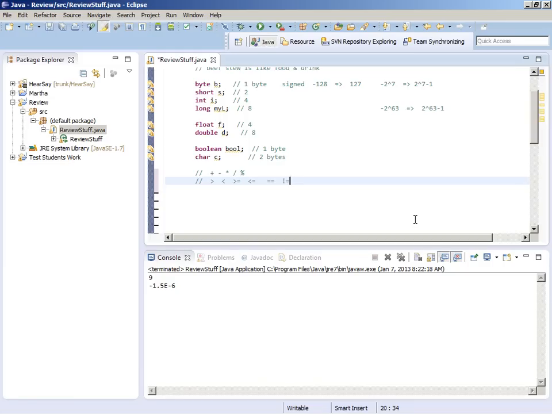Those are the relationals. Those, of course, are the arithmetic. Let's do it in this order. And, or, and not. Those are the logical operators.